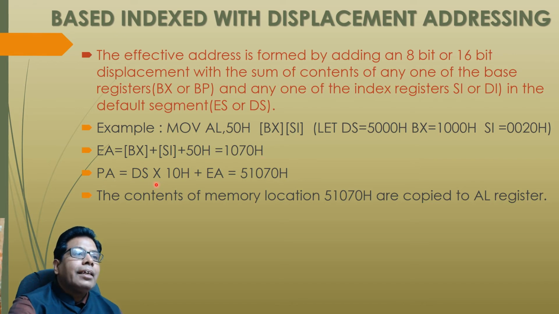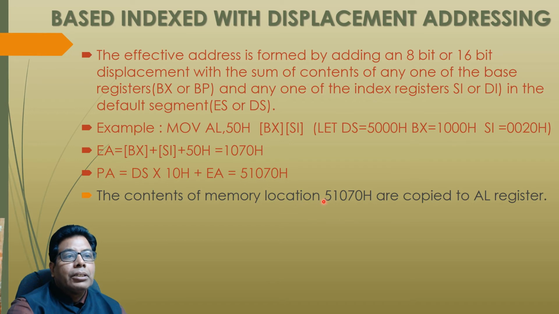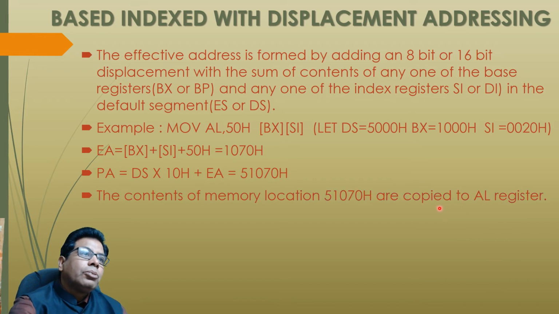Then physical address will be DS multiplied by 10H plus this effective address, so that will come out to be 51070. So the contents of memory location 51070 are copied to the AL register. So this is the combination of base, index with displacement.